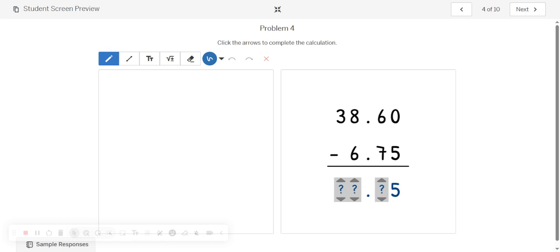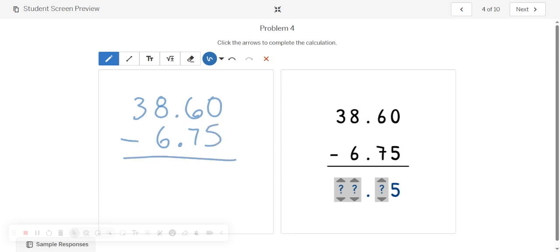Can I draw on this side of the board? Nope. Okay, so the problem is this. If this was money, I've got $38.60 minus $6.75. So I'm going to borrow from the 6 dimes, make that 5 dimes, and then I'm going to put the 10 right there. And so I've got 10 pennies minus 5 pennies is 5 pennies. 5 minus 7 would give me a negative number, so I'm going to borrow from the dollars.